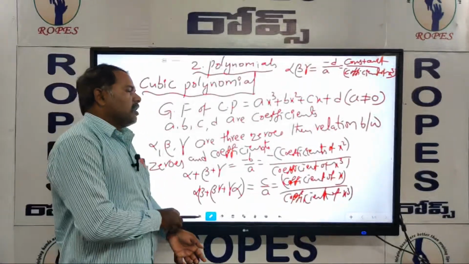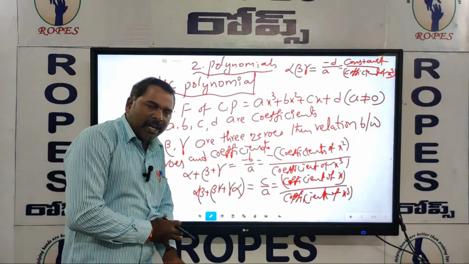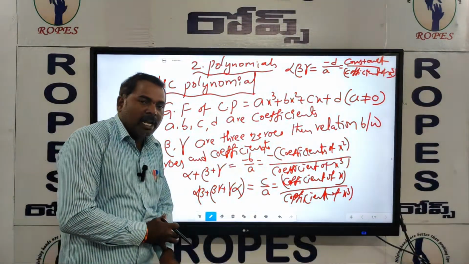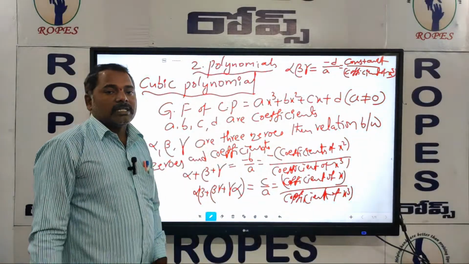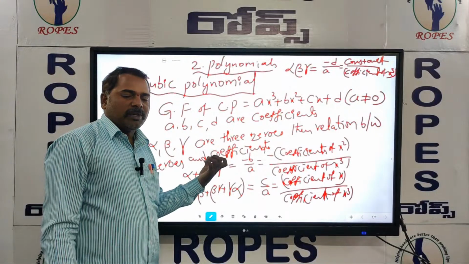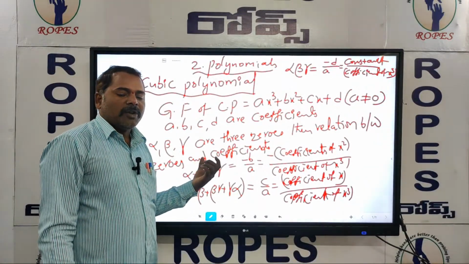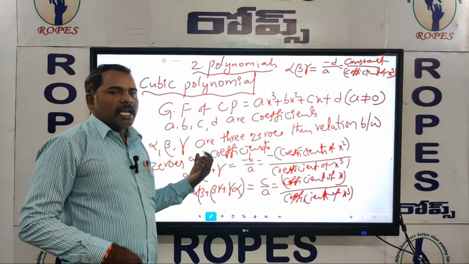So by using these formulas, we can find the relation between the zeros and the coefficients of the cubic polynomial. Now we discussed the general form of linear polynomial and the zero of a linear polynomial, when it is plus between the constant and the x term, and when it is minus between the constant and x term.